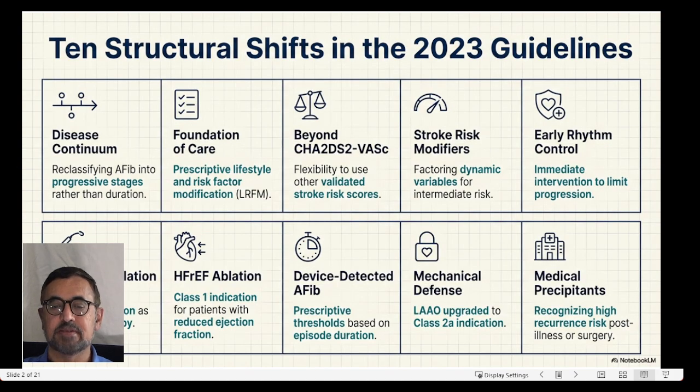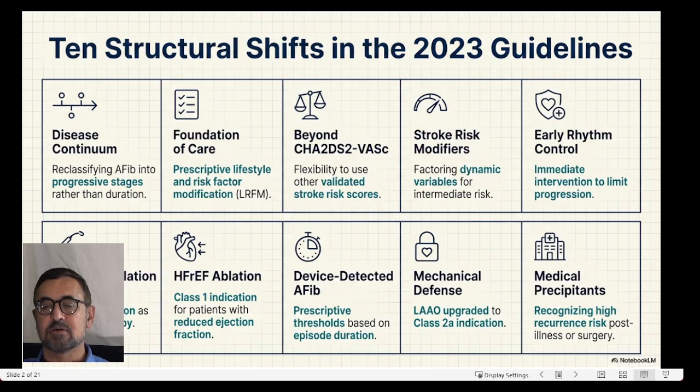We can think of this as 10 structural shifts. First, atrial fibrillation is now viewed as a disease continuum rather than a static time-based classification. Second, lifestyle and risk factor modification are foundational, not optional. Third, we move beyond CHA2DS2-VASc and incorporate dynamic stroke risk modifiers.